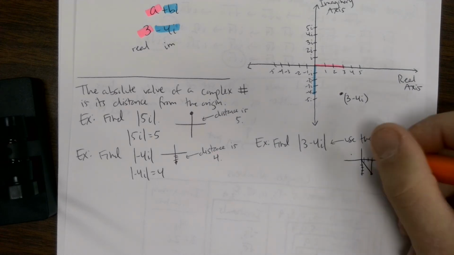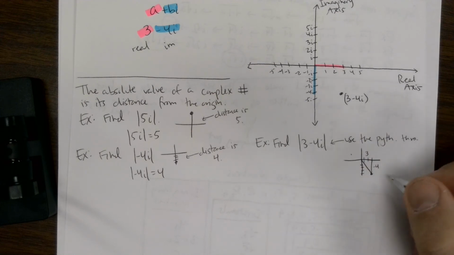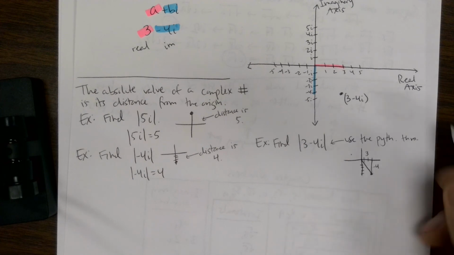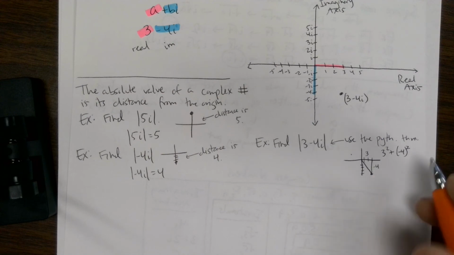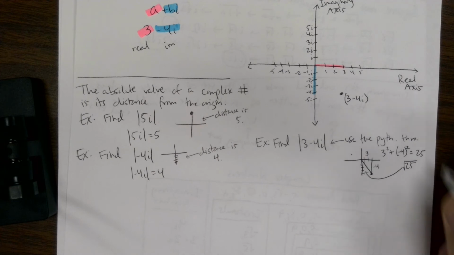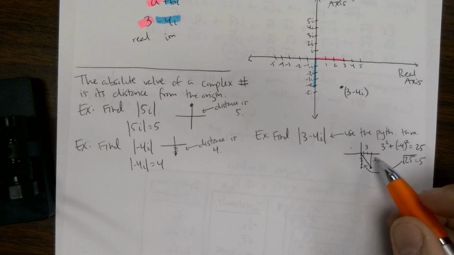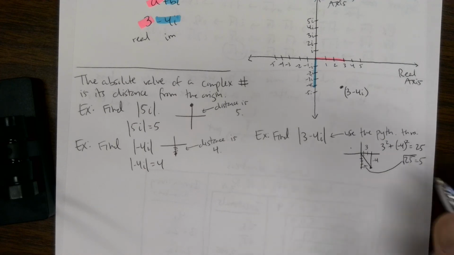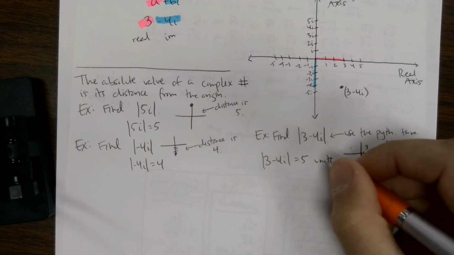We're just looking at distance units here. This is 3, and this is negative 4. Just like with a triangle, to find the hypotenuse I would do 3 squared plus negative 4 squared equals 25, which is c squared. To get the hypotenuse, I take the square root of 25, which is 5. So the absolute value of 3 minus 4i on the complex plane is 5 units.